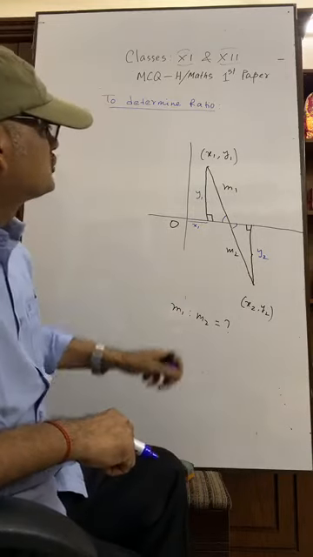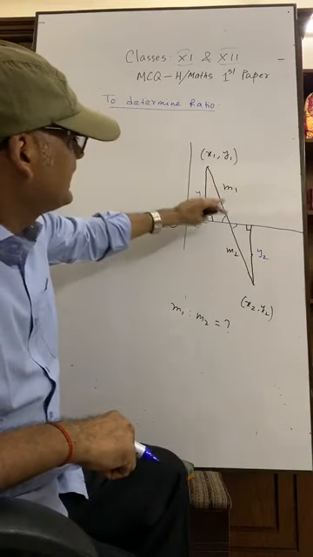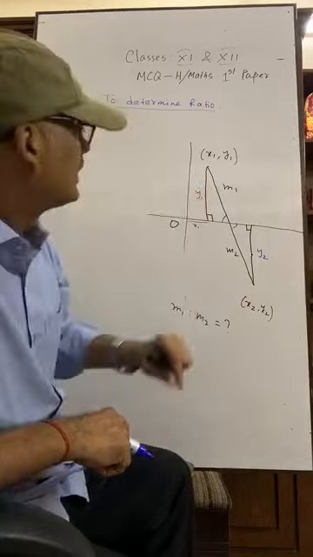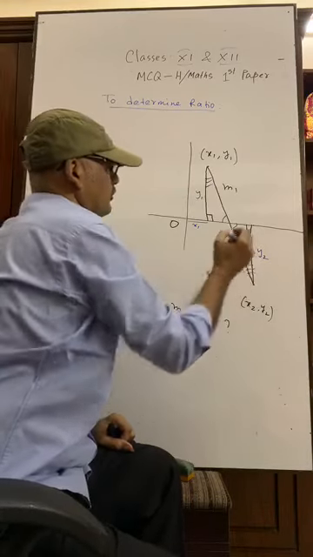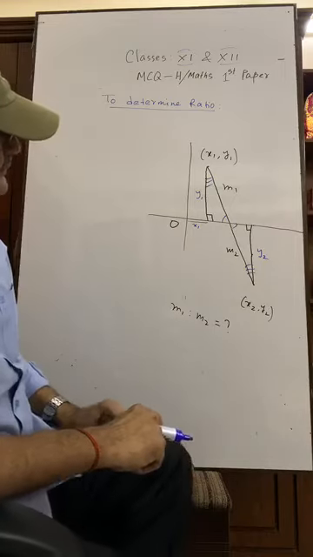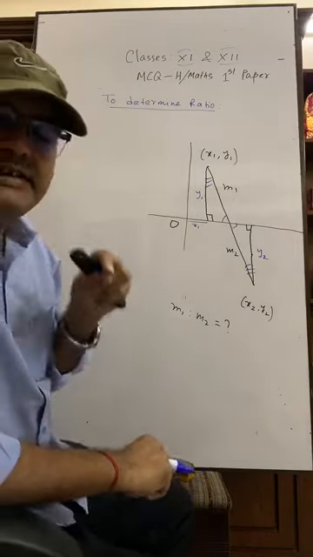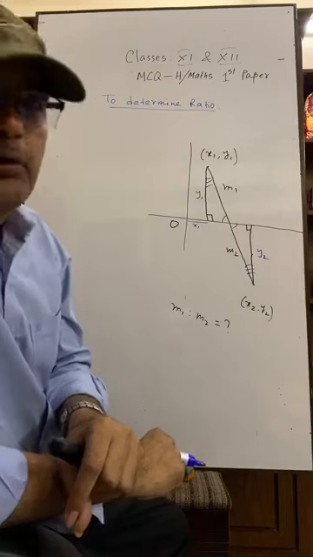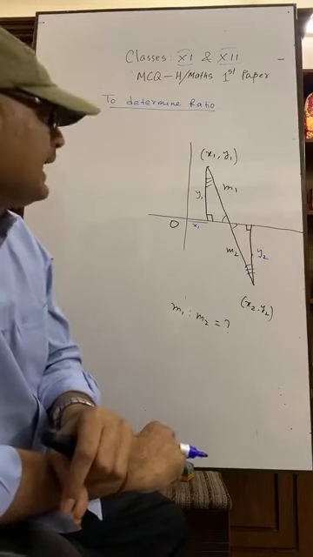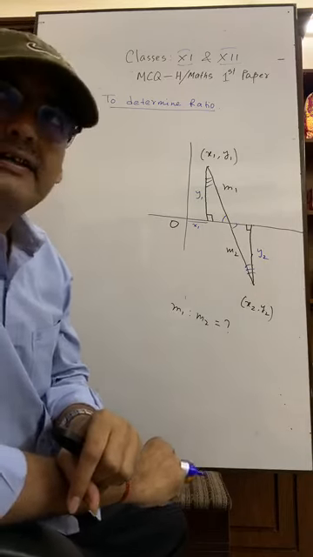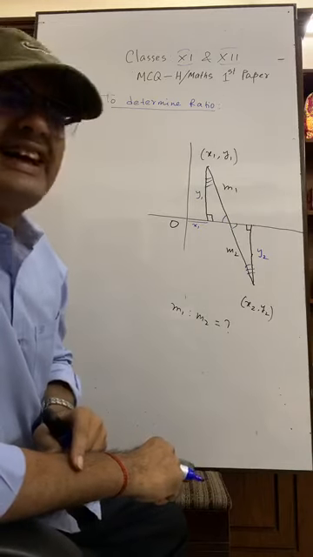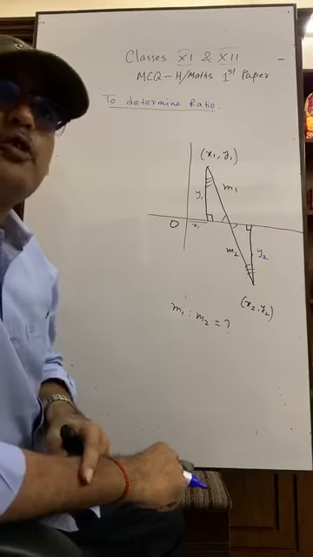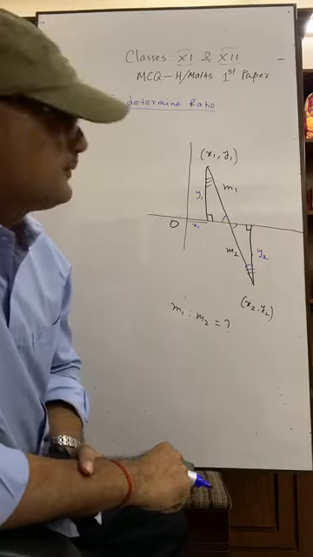So the remaining angles, this and this, must be equal. It means these two triangles are equiangular and they are similar. And we know if two triangles are similar, their corresponding sides are proportional.